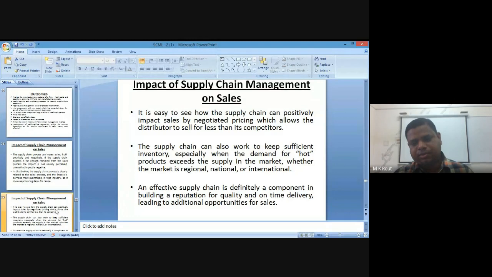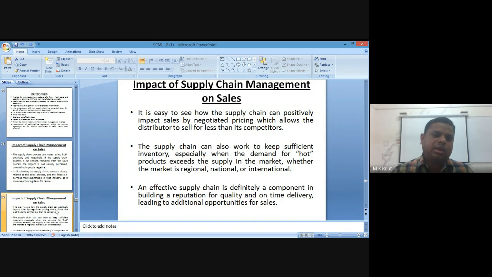As I told in the past class, during the COVID-19 situation, the price of onion reached up to 70 rupees per kilo. The consumption rate also increases day by day. Due to blockage of national highways and railways, it is difficult to maintain the demand and supply of onion, and that directly affects sales.